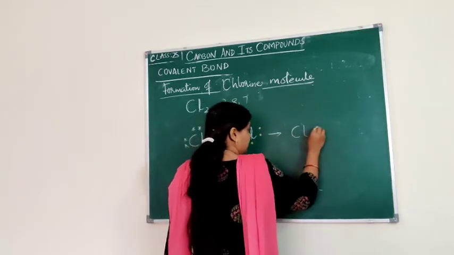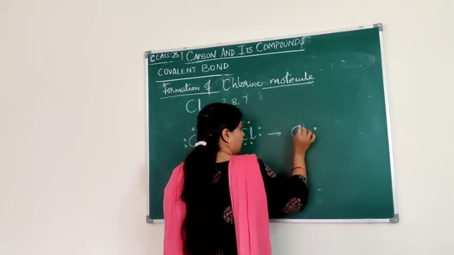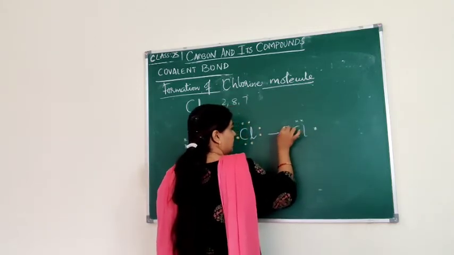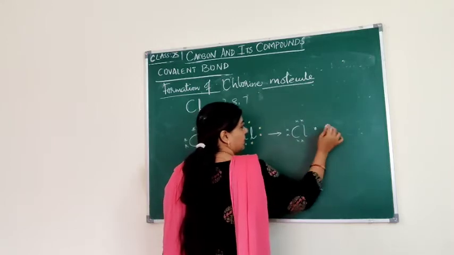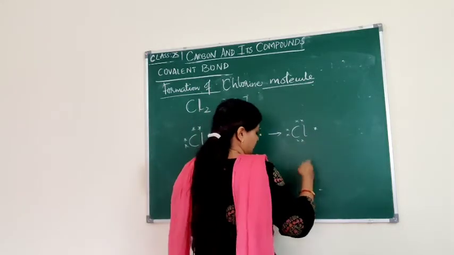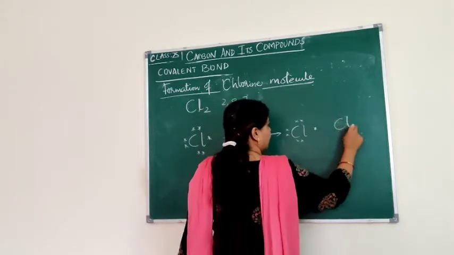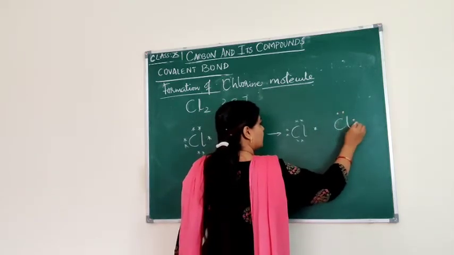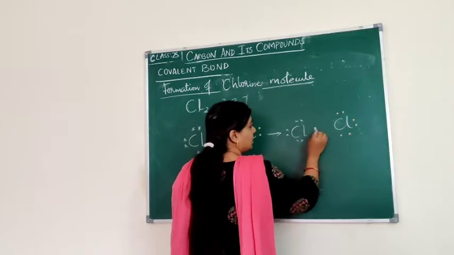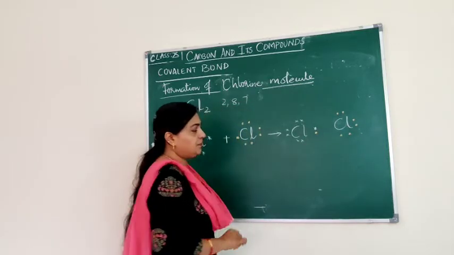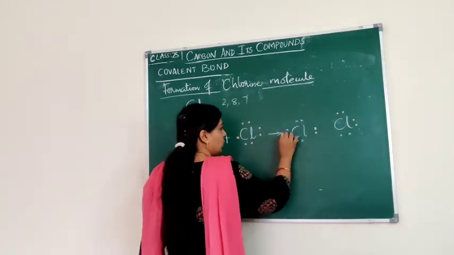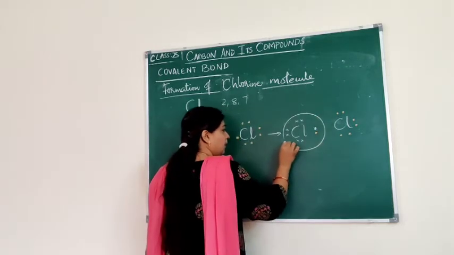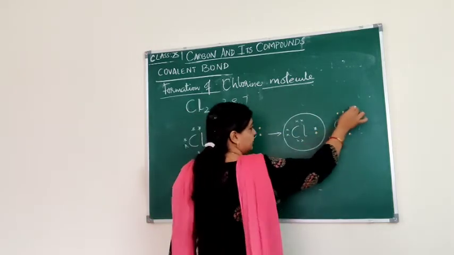Now this 1 electron is here, and this 1 electron is of this chlorine. You have to show that they are sharing by putting a circle like this.